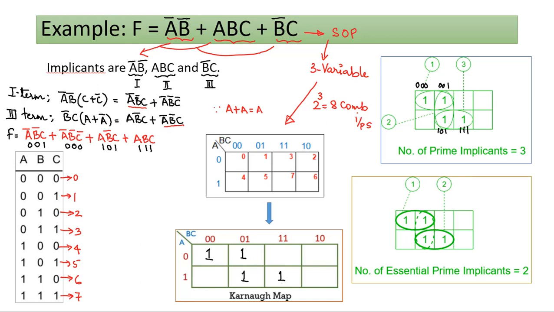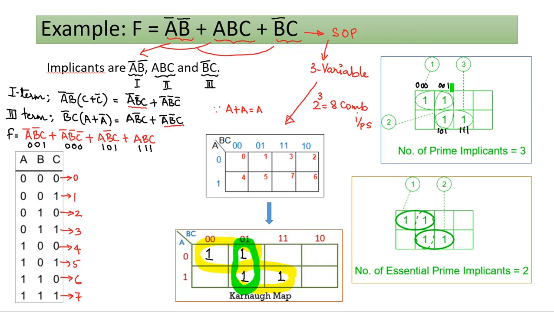So when I group this, I can group this in two min term groups. One is this group and one is this group. Another group is this particular group.